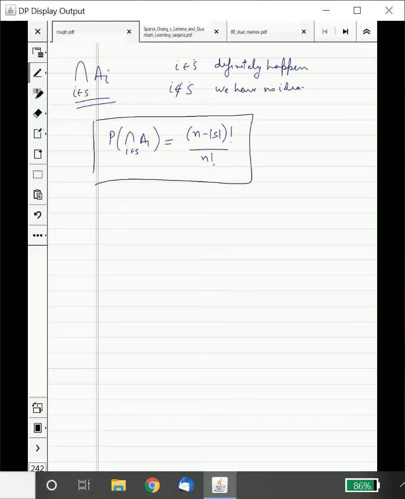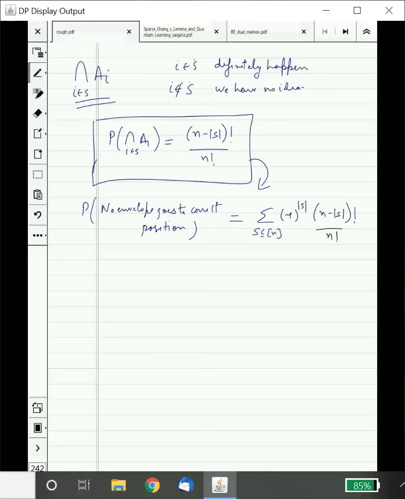And then applying the formula of inclusion and exclusion, we get the probability that no envelope goes to the correct position. I am just going to substitute this in my formula derived earlier, and I will get the summation over S of minus 1 to the |S| times (n minus |S|) factorial over n factorial. Now you realize that this quantity only depends on the size of S. So this can be simplified to a sum over k, with n choose k subsets S of size k.